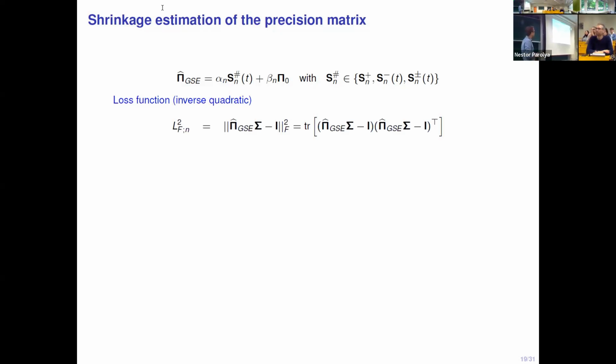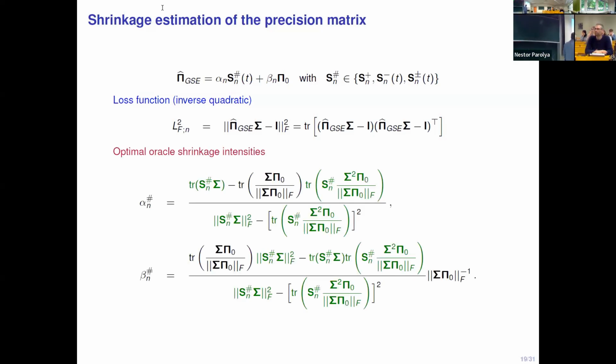So this is the difference between the product P hat, a generic estimator of this form, multiplied by sigma, minus the identity. Of course, if this is small, then P hat becomes closer and closer to the inverse, right? So it's a quite classical inverse quadratic loss function, by the way. You can take another one, so it's not something tailored to this loss function.